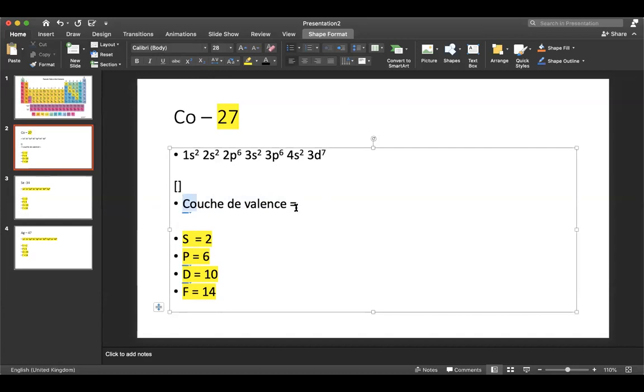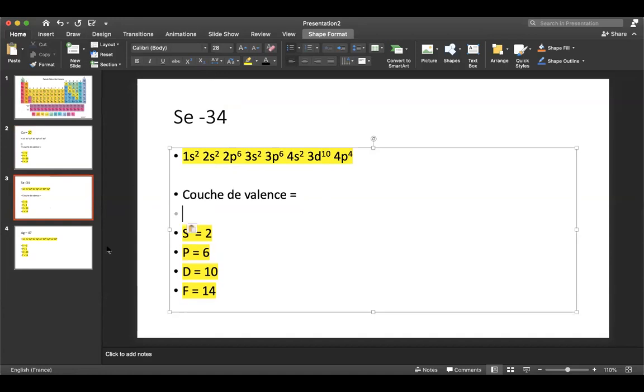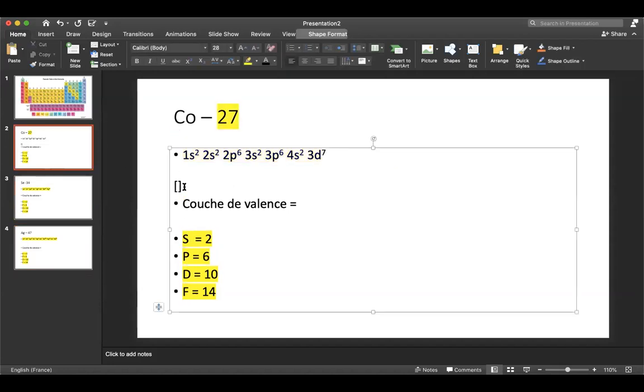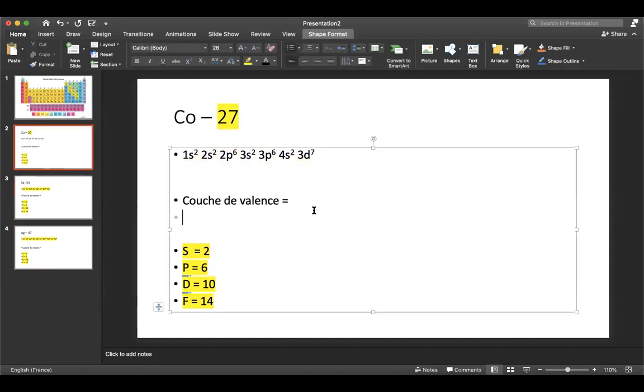So that when we start, we just go one time. 4s, 3d, 7. Voila. So now, if that's the valence shell, what is the noble gas electron configuration?